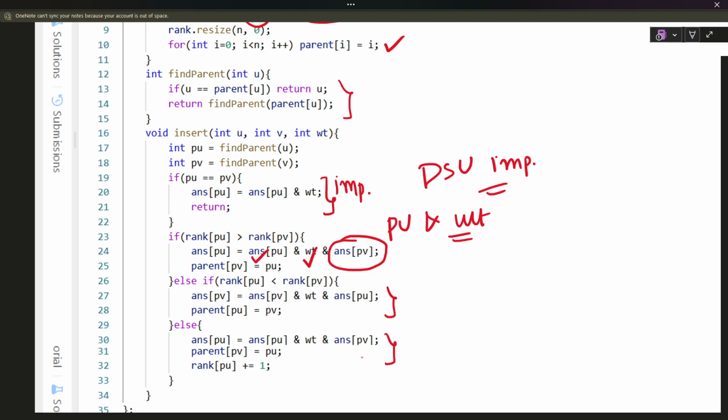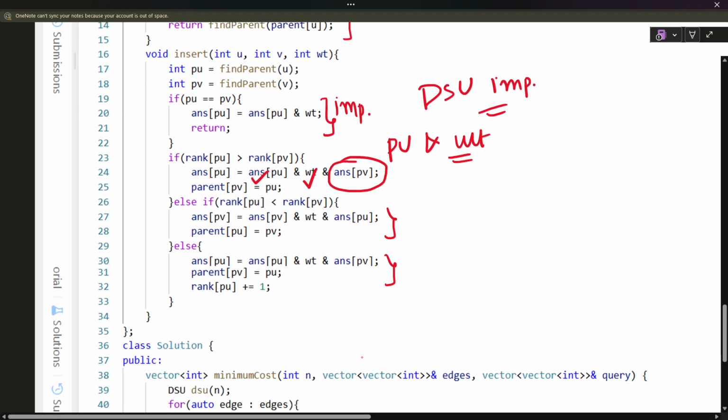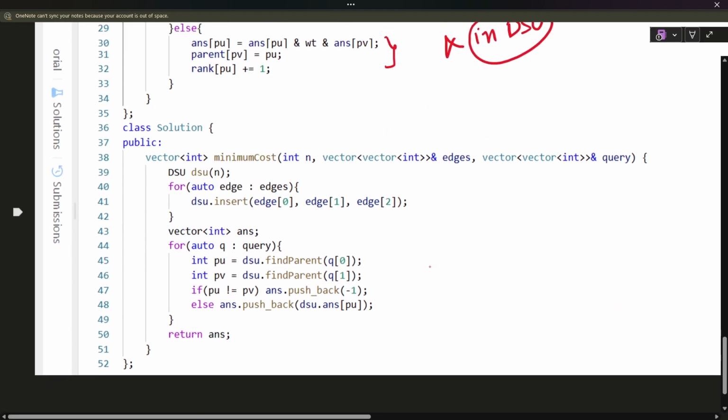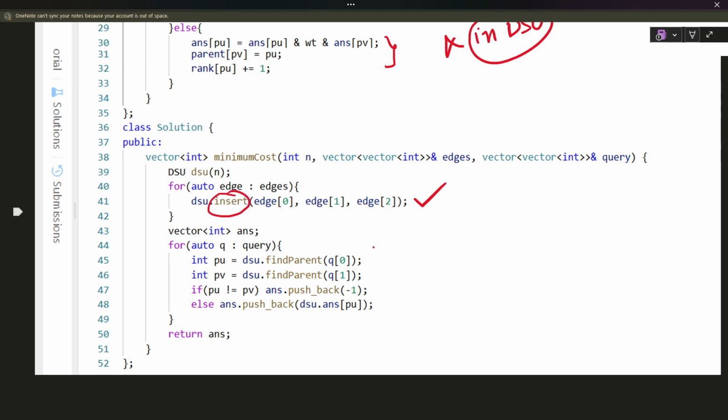This is how we implement the AND operator. We have inserted the elements, and here we are processing the query.